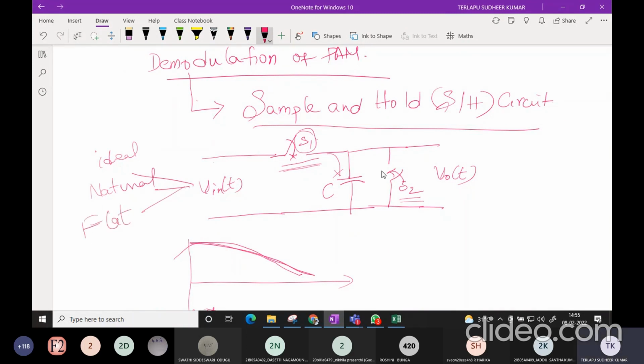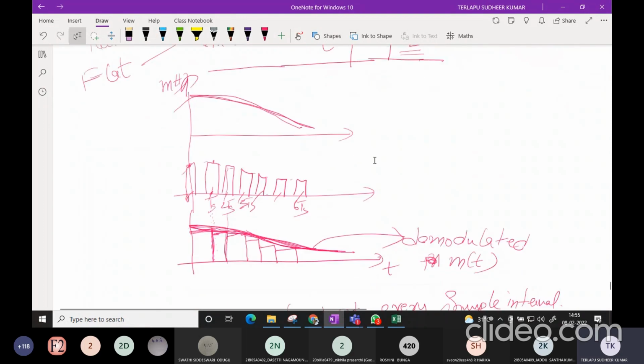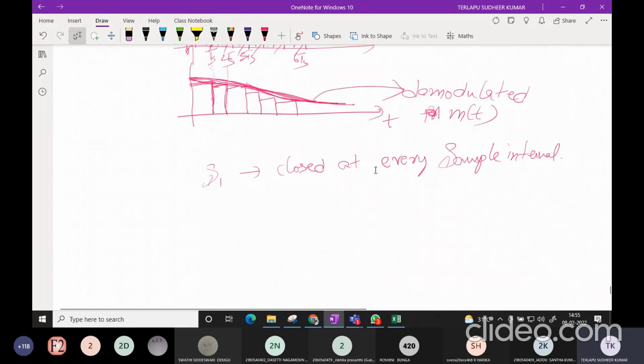The same circuit will give the output m(t). Of course, you pass it through some filter so that you can get a smooth curve of m(t). Whatever is used at the transmitter, the same m(t) can be regenerated at the receiver. Something like this. Clear?